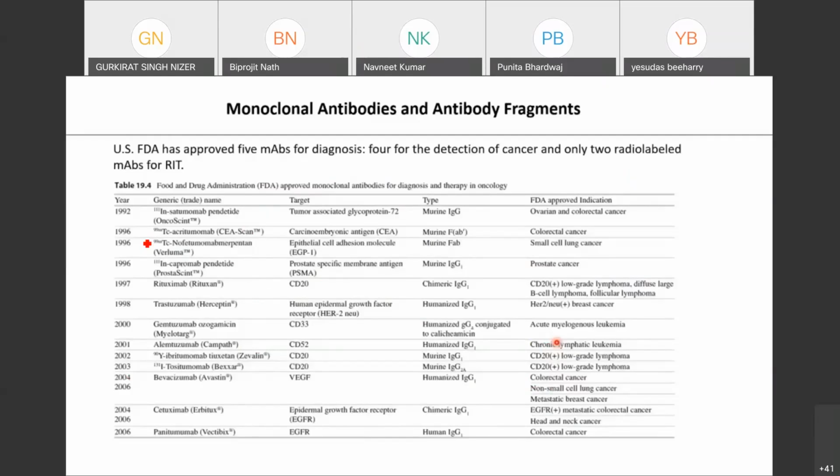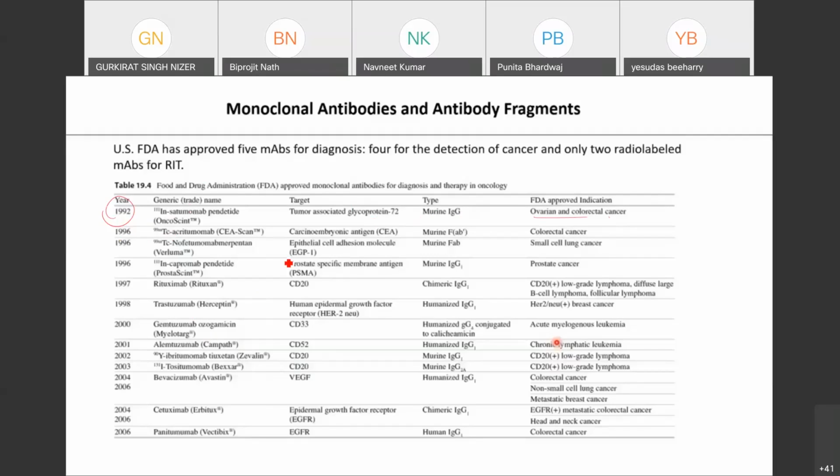Okay, so these are a series of approved drugs which have been on the market since 1992. That's indium-labeled OncoScint, which is being used for ovarian and colorectal cancer. And the type of monoclonal antibody being used is the murine IgG type. And these are other drugs too.